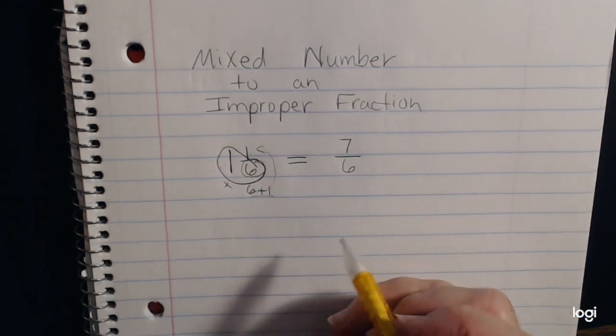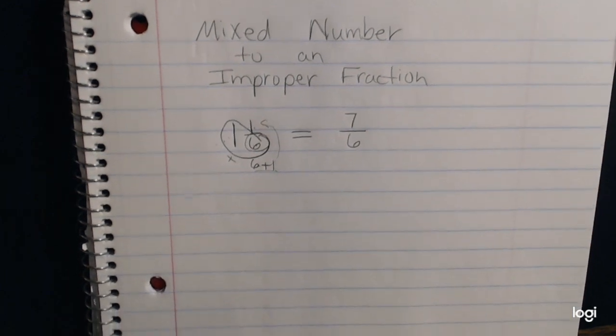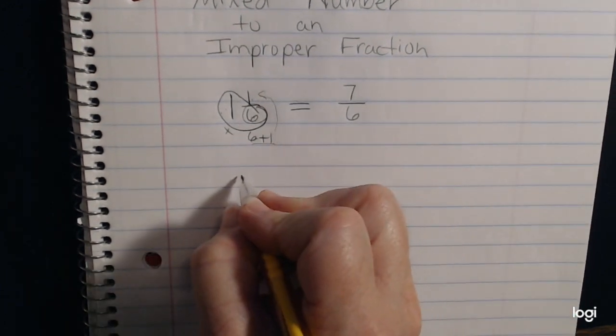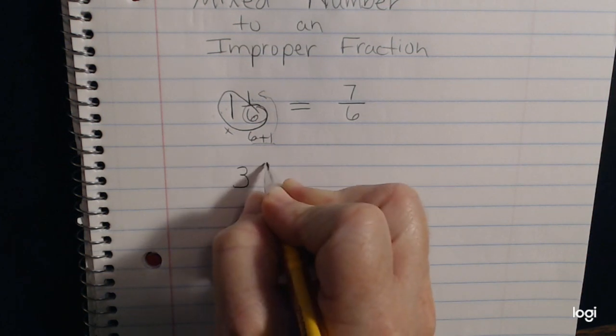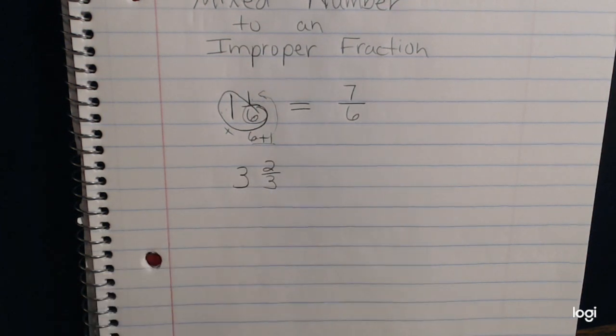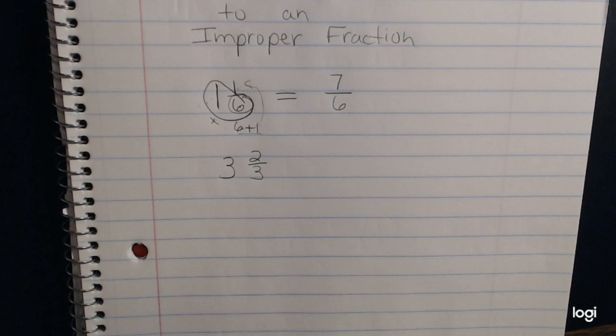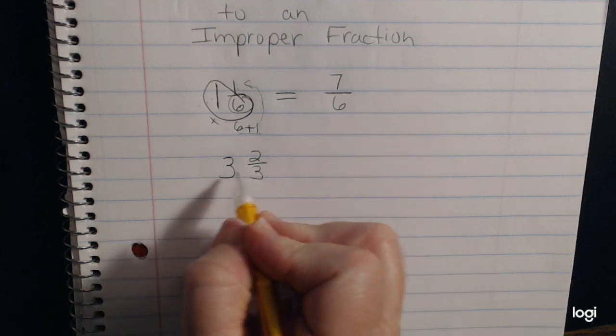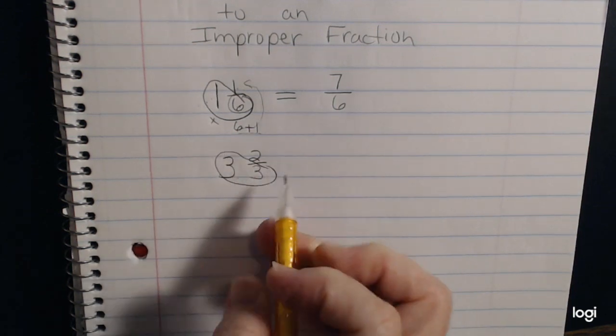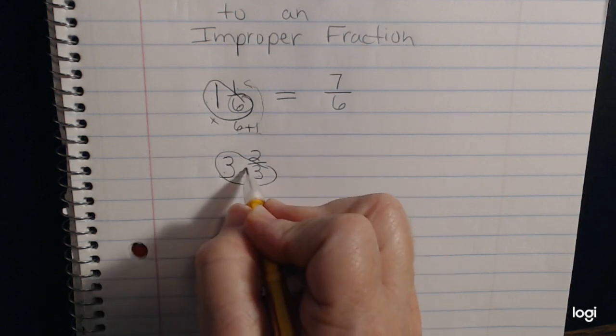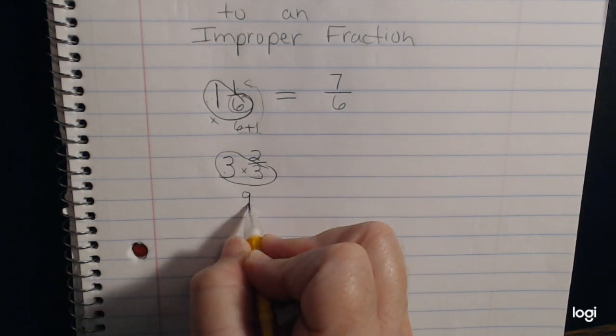Now we're going to practice this a little bit. Let's try another one. The mixed number I'm going to give to you is 3 2/3. We want to change it to an improper fraction. We're going to circle the whole number and the denominator. We're going to multiply those two. 3 times 3 is 9.